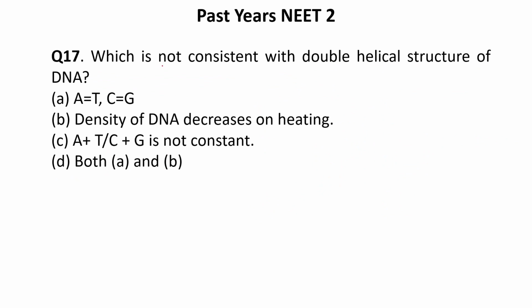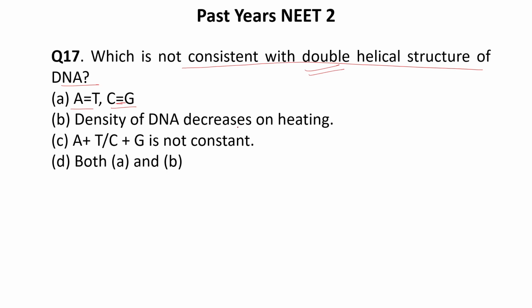Next question. Which is not consistent with the double helical structure of the DNA? A plus T equals C plus G means A always combines with T, and C with G. A and T form hydrogen bonds, 2 bonds, and C with G forms 3 bonds.